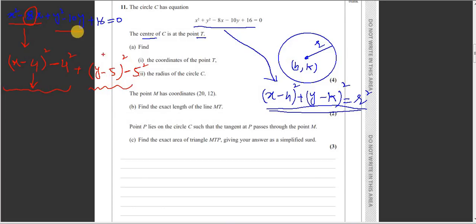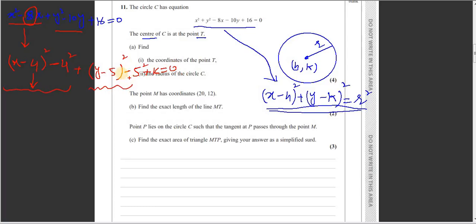At the end, you have made a complete square of x till here, and a complete square of y till here, but in the given equation 16 is still left, so you need to write the 16 at the end. So minus 5² plus 16 equal to 0.